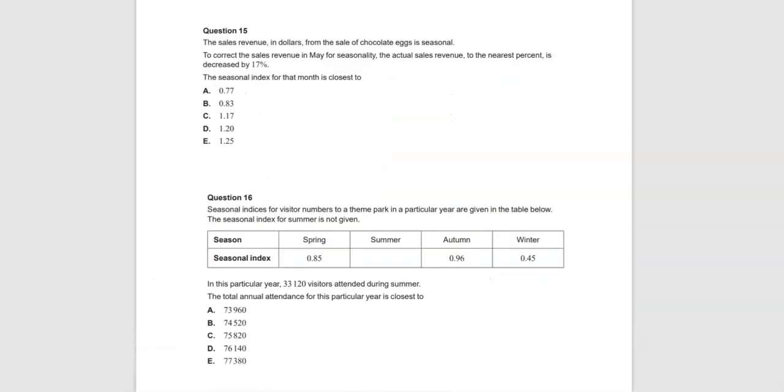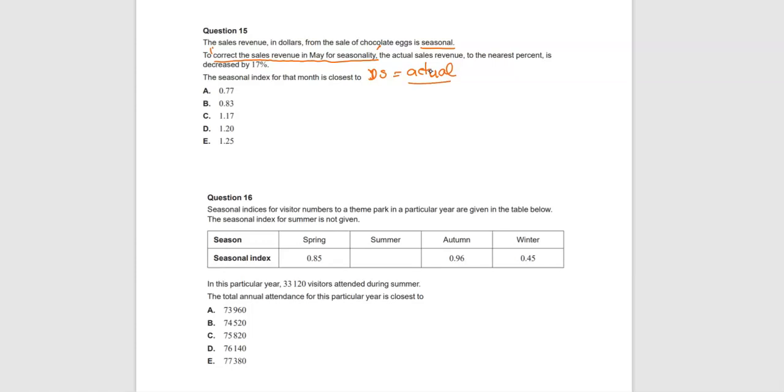Okay, so with this one, the sales revenue in dollars from sales of chocolate eggs is seasonal. So you know you've got some seasonality. So to correct the sales revenue for May for seasonality, when they say that, that means you are deseasonalizing the data.